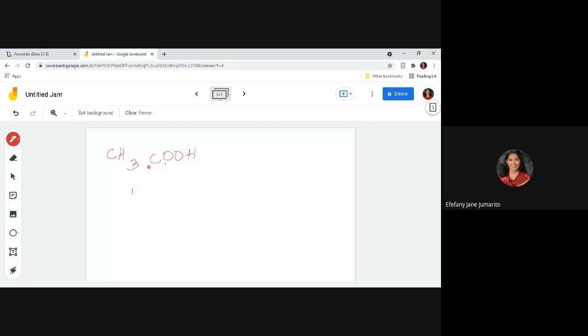Strong. Now, what's the difference? The difference there is just one. All acids that have carboxylic acid as a functional group, if you see COOH, then it means that it's a weak acid, so it will partially ionize.